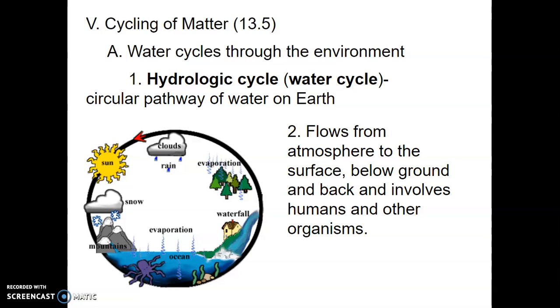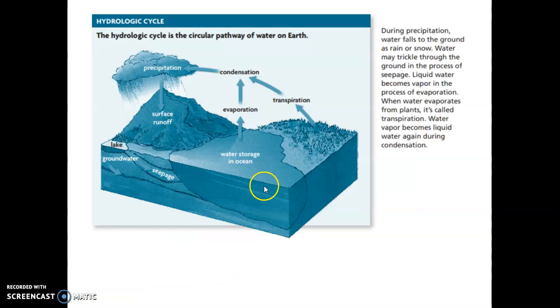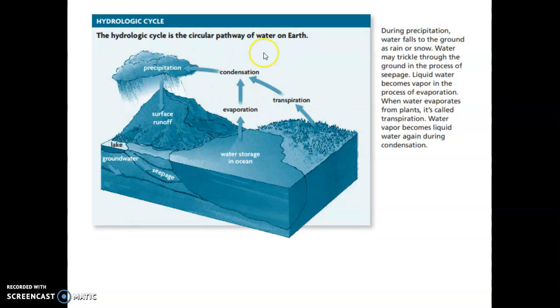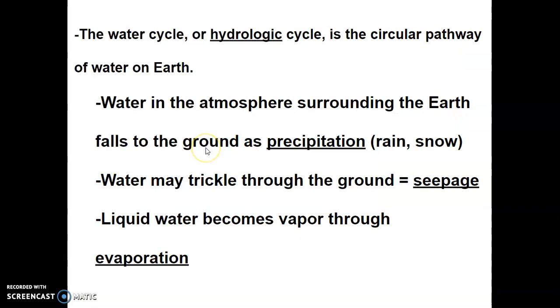So if we follow some water, say just a drop of water, we may see it take on different forms as it flows in and out of different ecosystems or different environments. So let's take a look at it here. I've got several pictures, and on your notes I also put pictures like this to kind of show you how it flows, just as a good visualization.